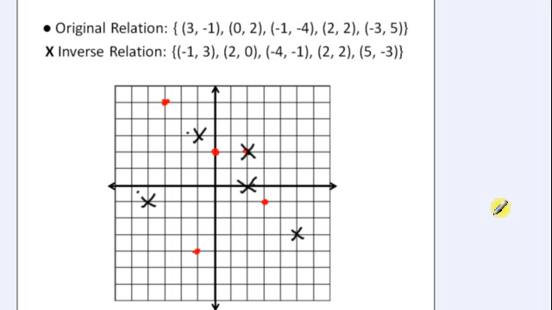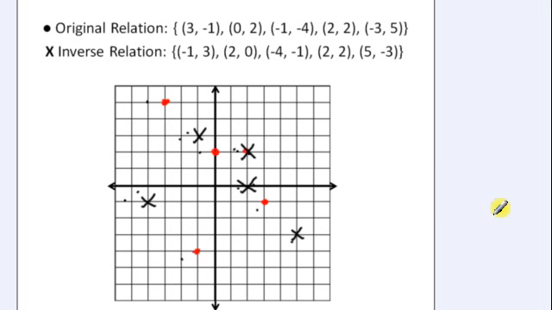Now, comparing each point, we can see that this (3, -1) here flipped to (-1, 3) here, and this point up here came down here, this point here came down here, that point stayed where it was, and this point moved up here.